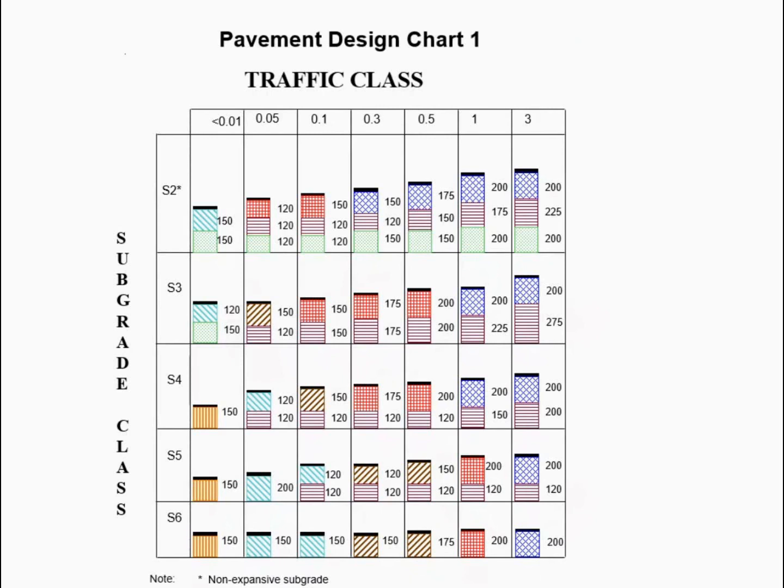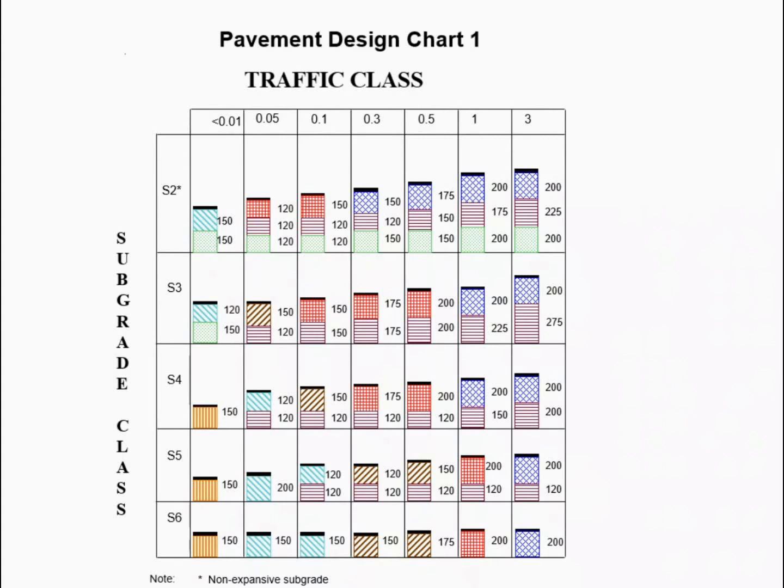As you can see, the traffic classes along the top range from a traffic level of less than 0.01 million standard axles, in this particular case right up to 3 million standard axles. In each little box there's a diagram of the structure you need, and down the left hand side is the subgrade strength. So literally, if you know the subgrade strength and the traffic class, there's your design. I mean, not done for you, but done by you well in advance of when you need it. So all you have to do is look it up.